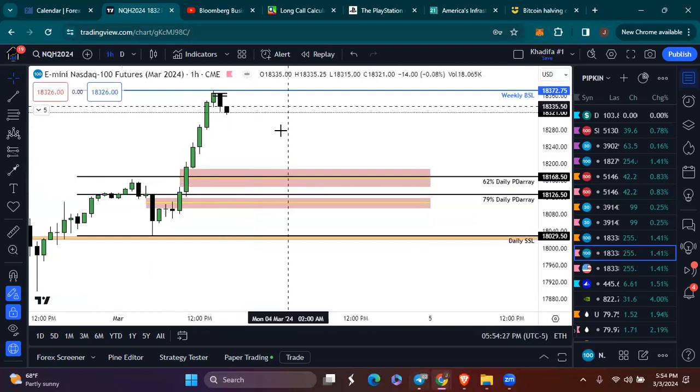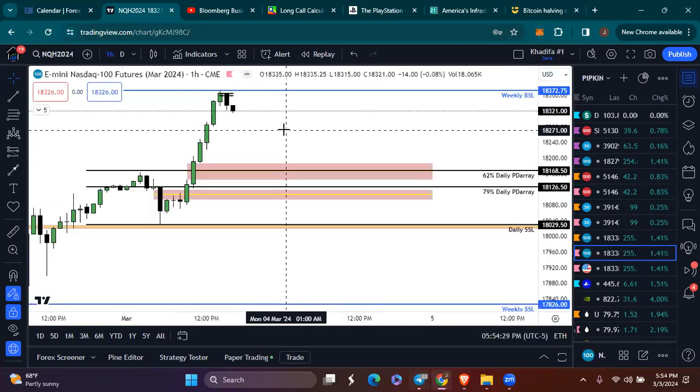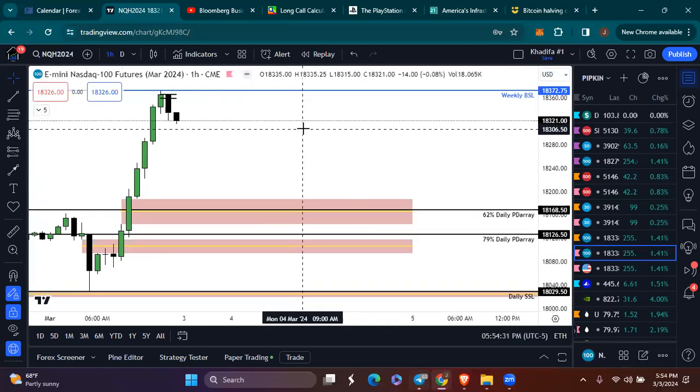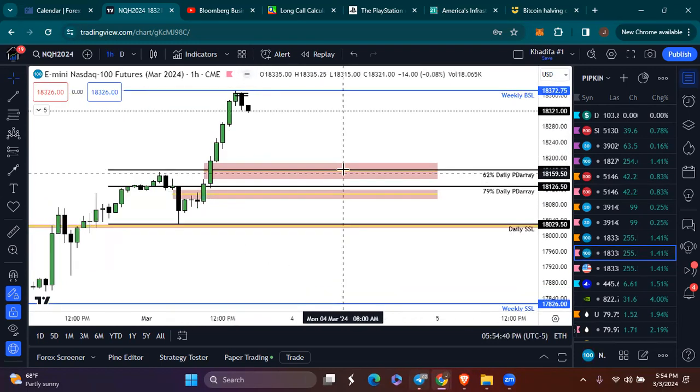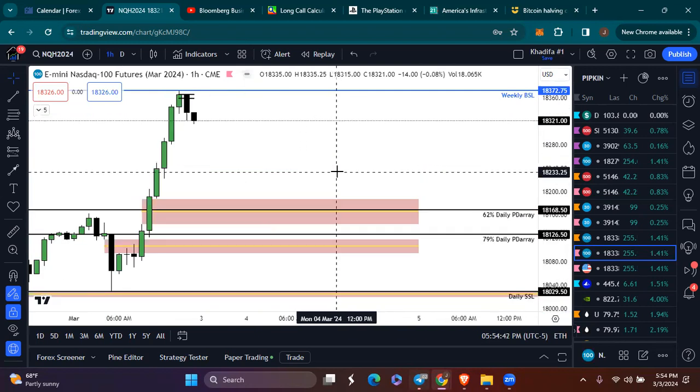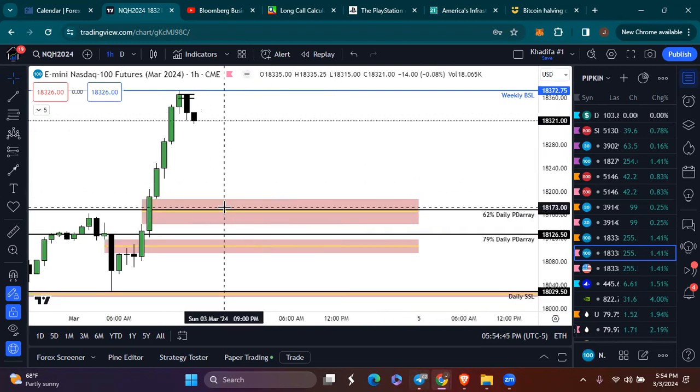So if we're staying in line with the trend and not trying to call a top or reversal, this is a nice potential buy opportunity when price gets to that level.